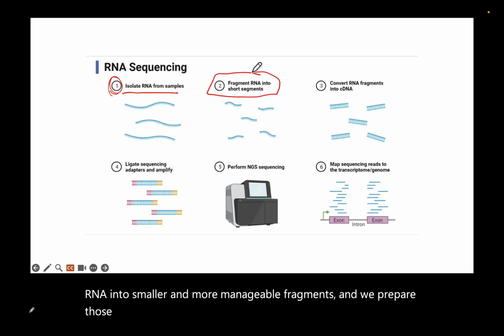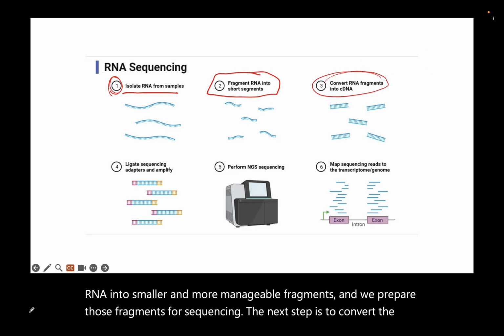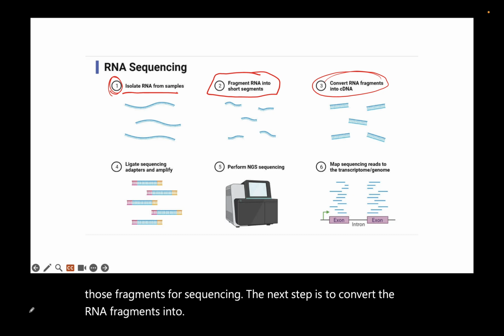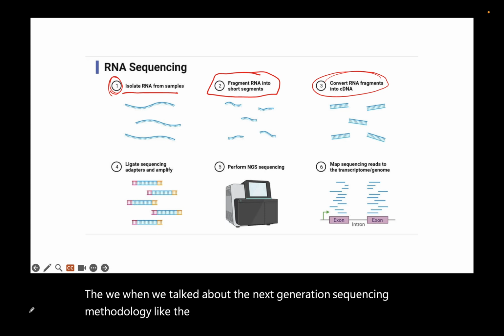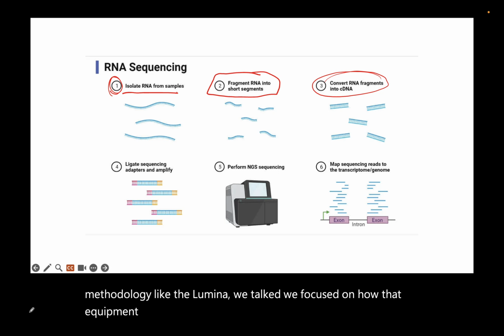The next step is to convert the RNA fragments into cDNA. So here, when we talked about the next generation sequencing methodology, like Illumina, we focused on how that equipment works with DNA.